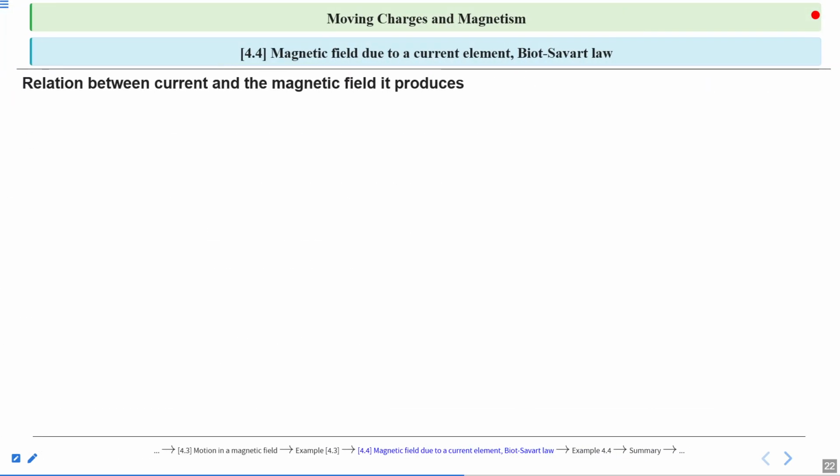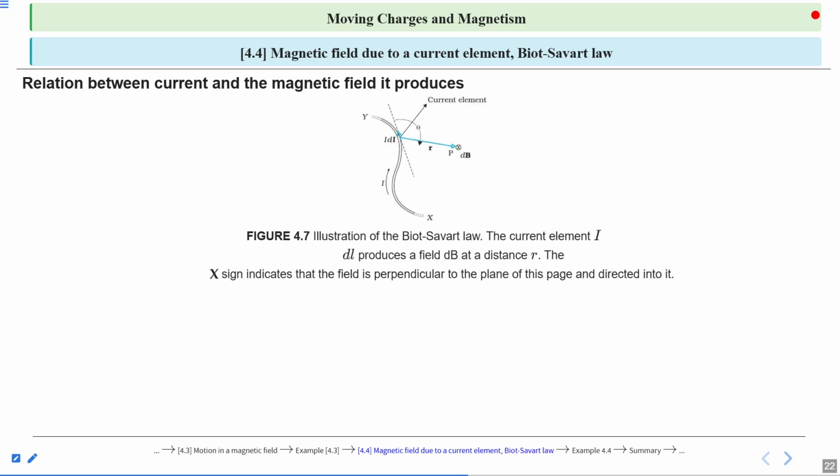Now our next topic is NCERT section 4.4, magnetic field due to current element, Biot-Savart's law. So this is the relation between current and the magnetic field it produces. Figure 4.7, what is it representing? Illustration of Biot-Savart law.